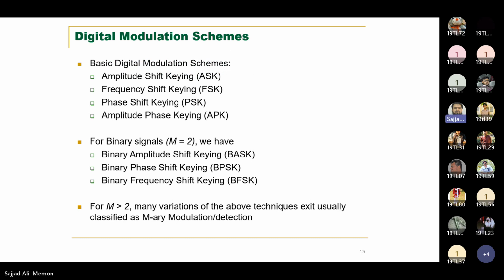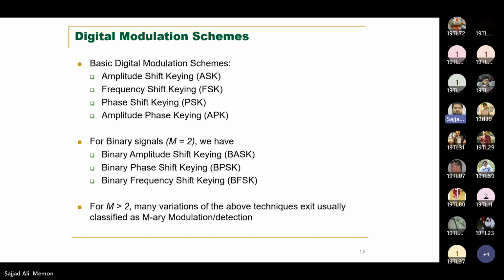So here are some basic modulation schemes and binary modulation schemes. Generally the names are amplitude shift keying ASK, frequency shift keying FSK, phase shift keying PSK, and amplitude phase keying APK.